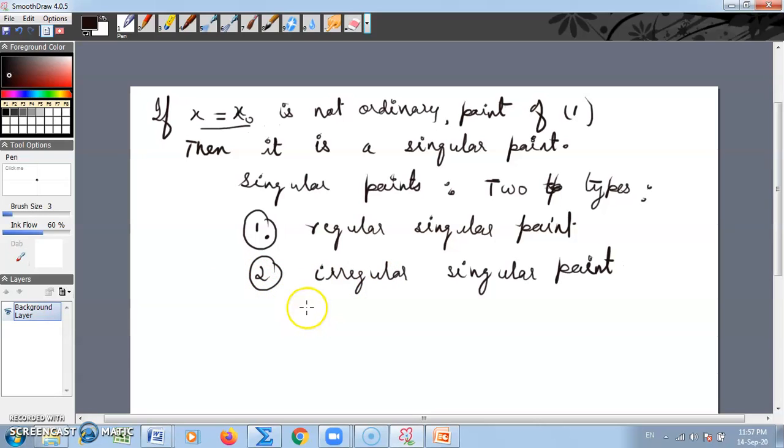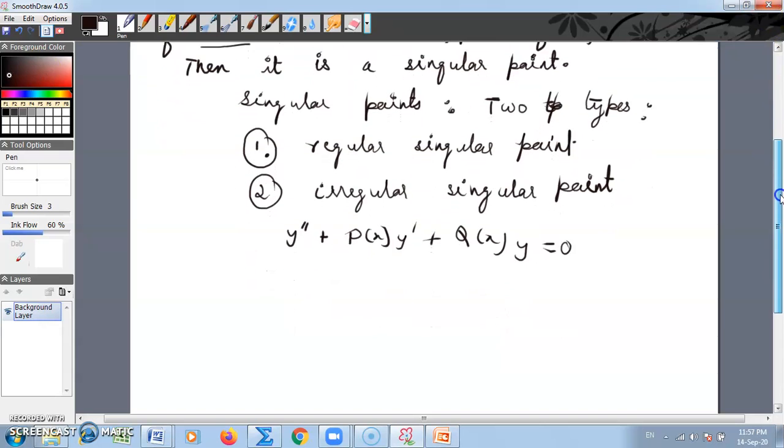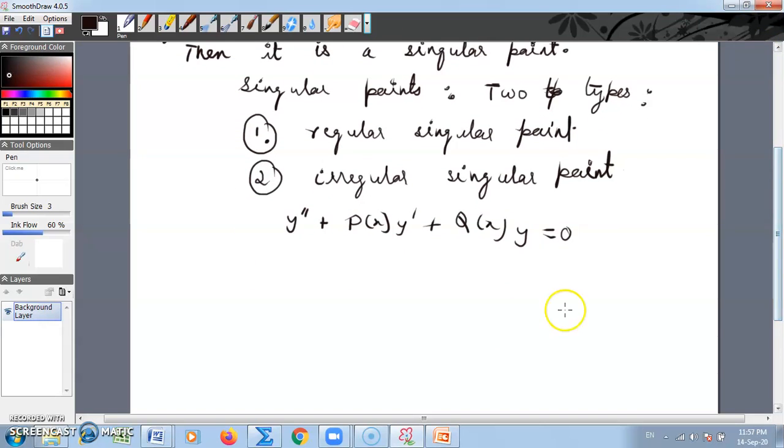So first let us also remember the equation that we had written as equation number 1. It was y double dash plus px y single dash plus qx y is equal to 0. This was a differential equation and we had named it 1.